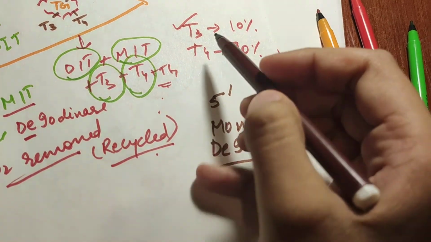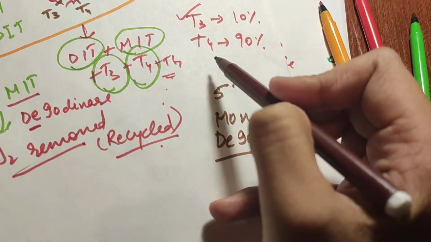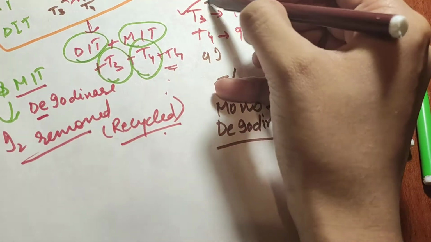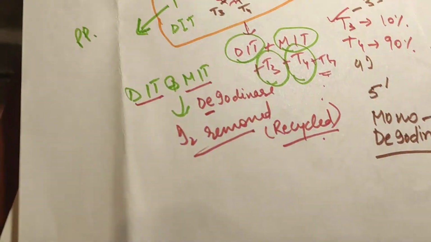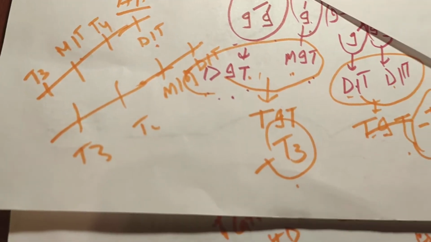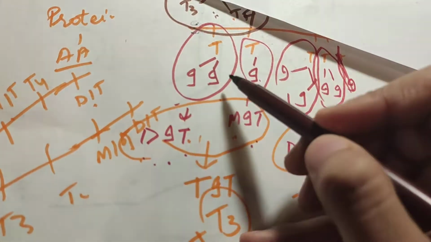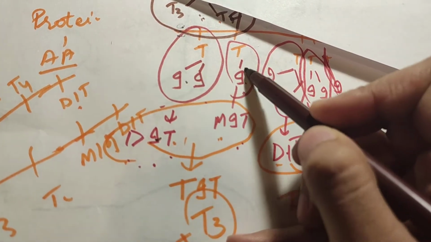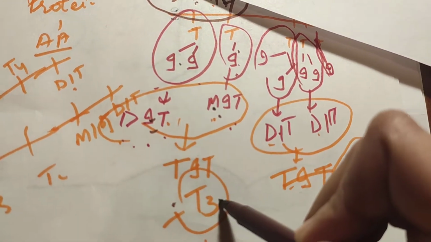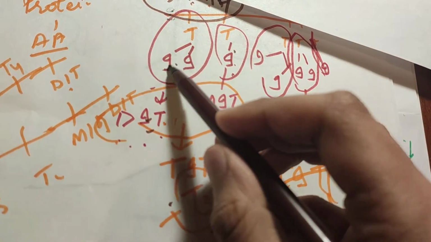Mono-deiodinase means, in T4 how many iodines are there? There are 4 iodines. In T3, 3 iodines are there: 2 iodines form DIT, one iodine forms MIT, combined T3. So in T3, how many iodines are there? 3.